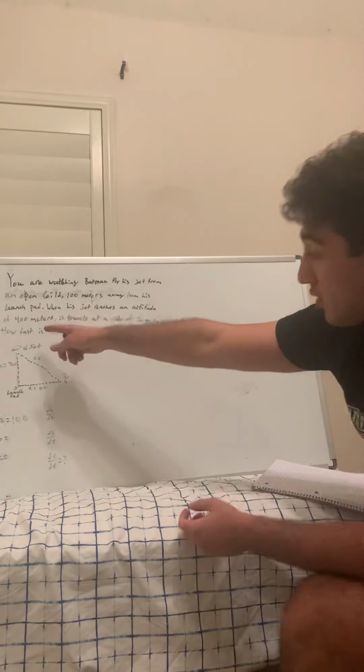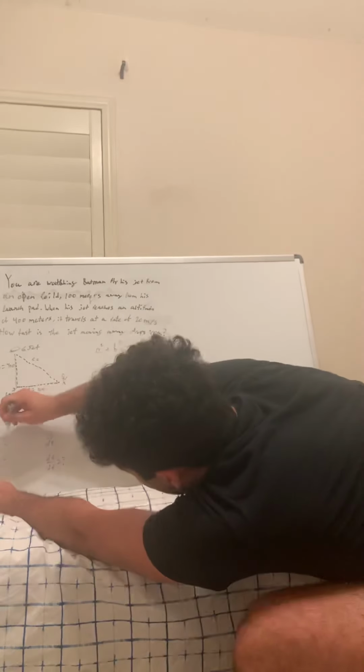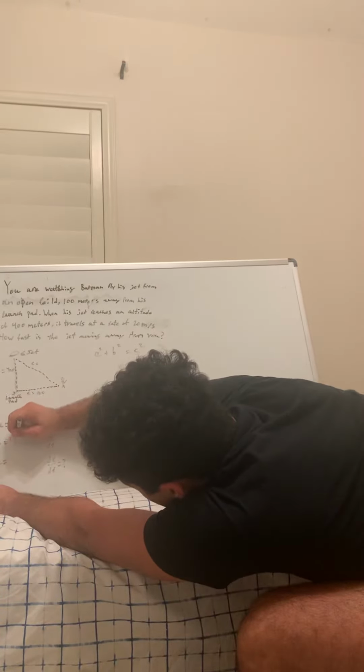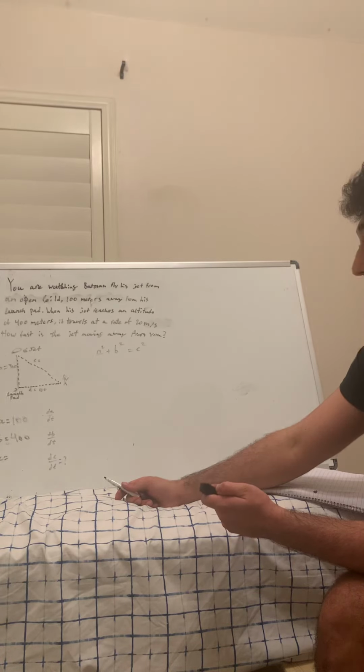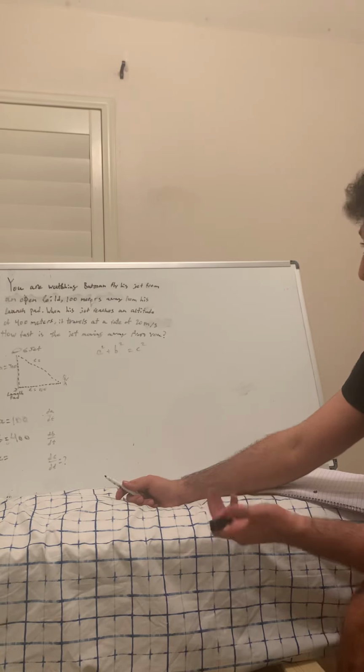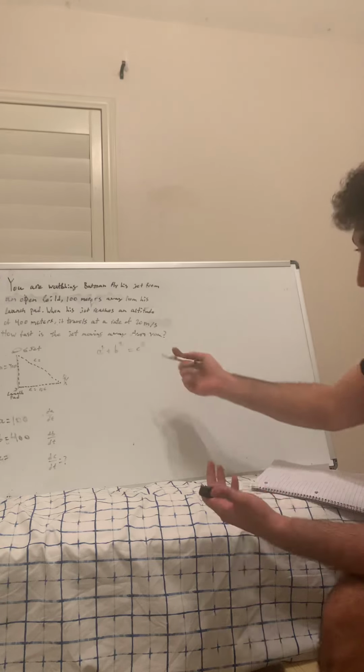Your B is 400 meters, because that is the distance between the jet and the ground, or where it took off from. And then C is what you'll be trying to find, because you need to find the rate of change for C in order to solve the question.